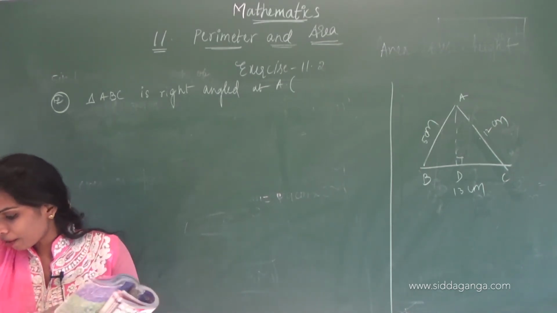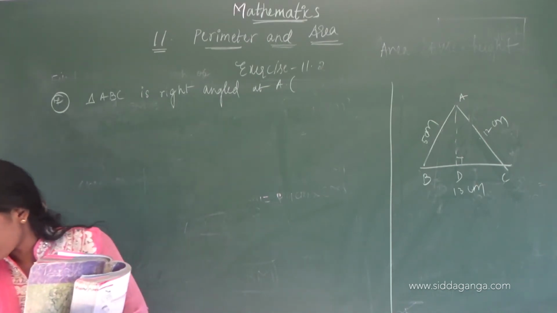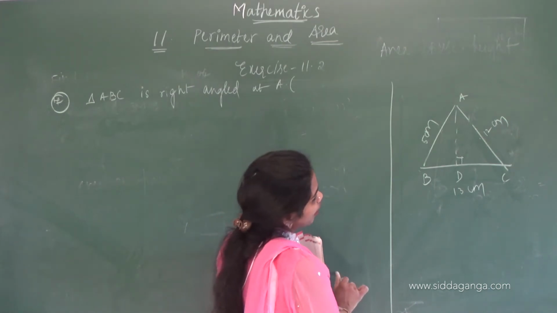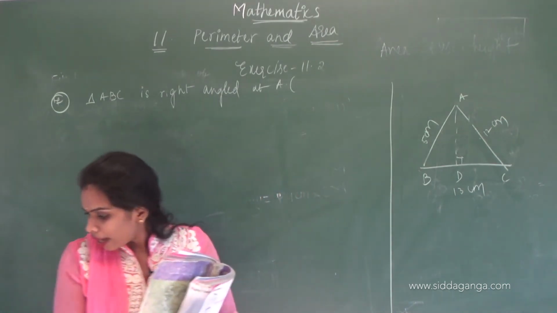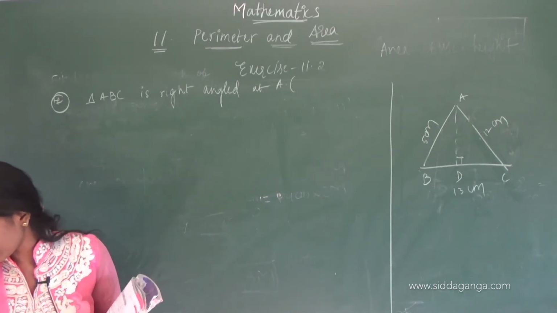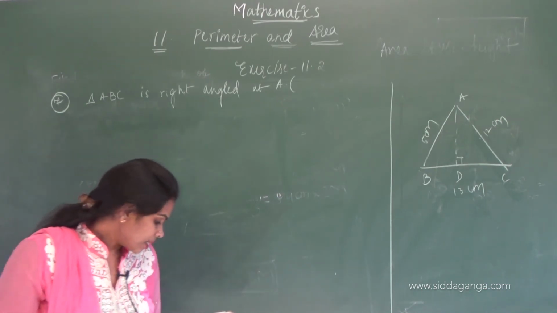Here we have to find the area of a triangle. How can we find the area of a triangle?